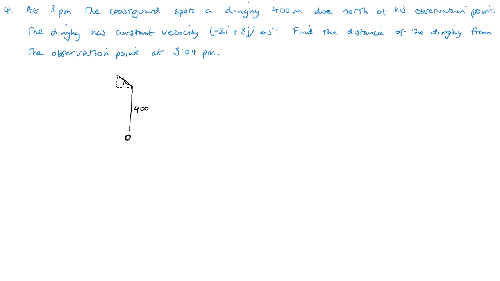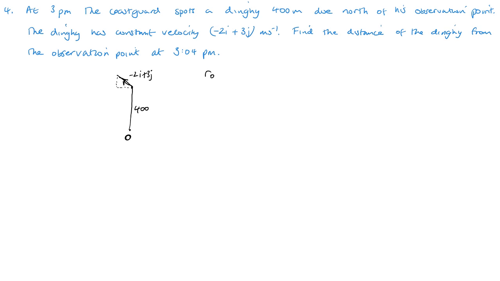So velocity in that kind of direction there, -2i plus 3j. Find the distance of the dinghy from the observation point at 4 minutes. So we need to find how far it's gone. So if I assume the observation point is the origin, its starting position is 400 meters north.